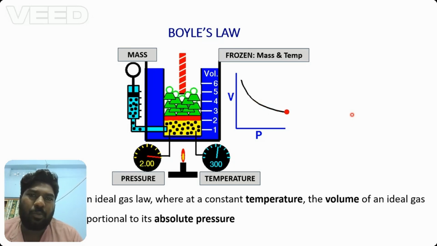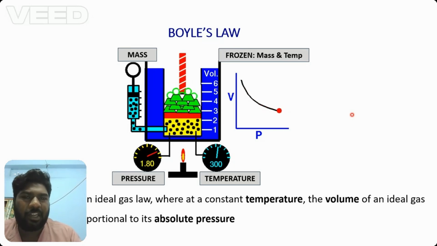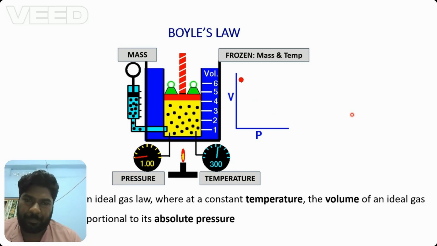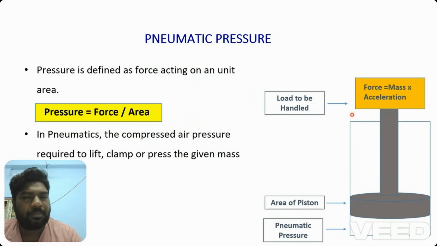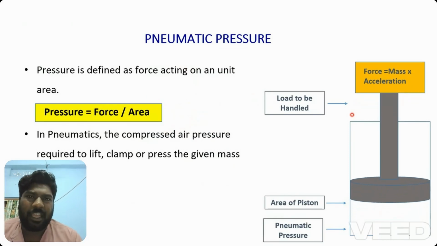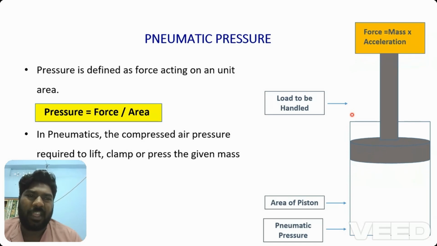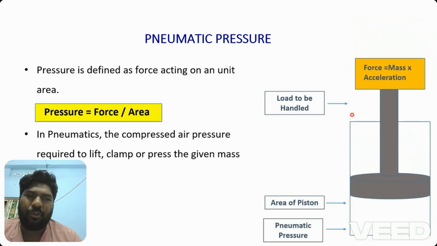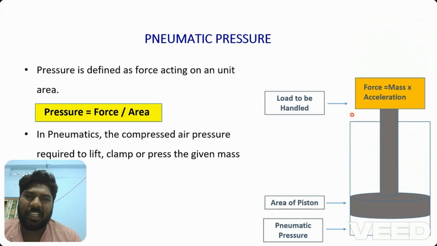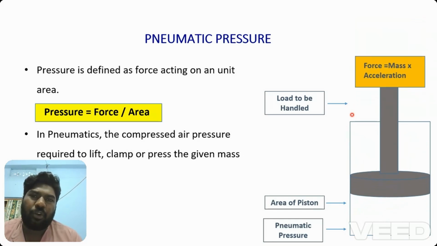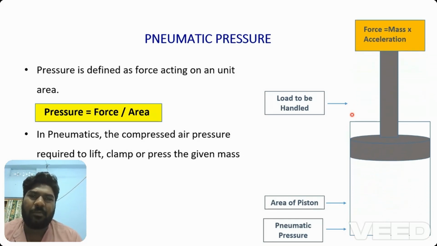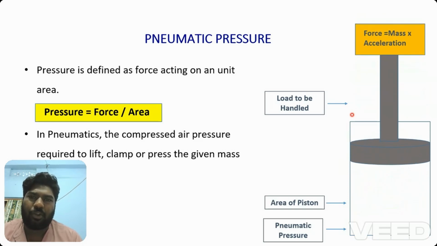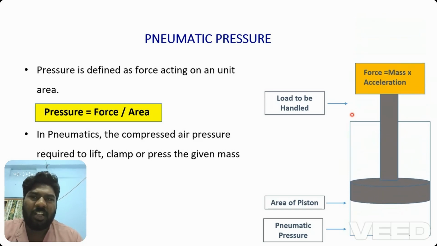As a result, the air molecules get tightly packed, which makes the volume lesser and the pressure higher. We have a formula for this: pressure equals force divided by area, where force is the mass and movement needed to push that particular weight.